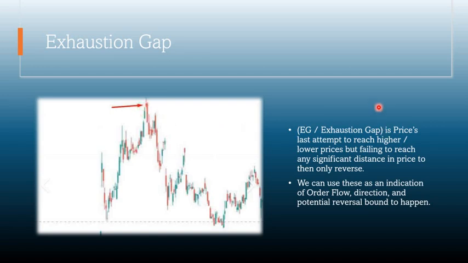That's going to be an exhaustion gap where we have our last gap in price, but we fail to make any significant volume increase to the upside in this example, right? So we have a gap here, we create a big wick, and this is where we create our exhaustion gap, and this is what it's going to be looking like for us.